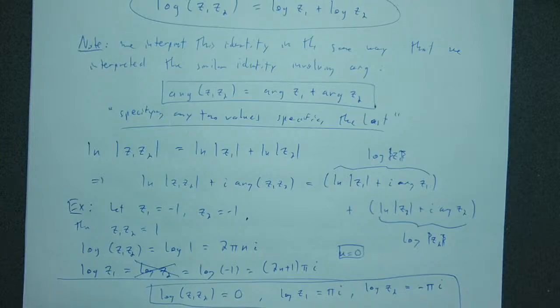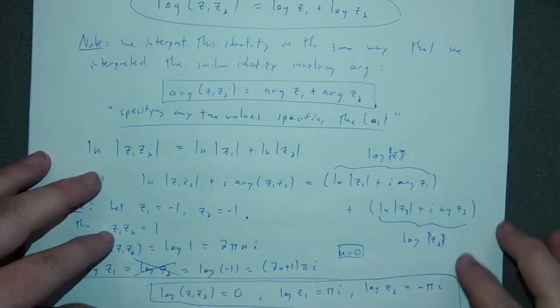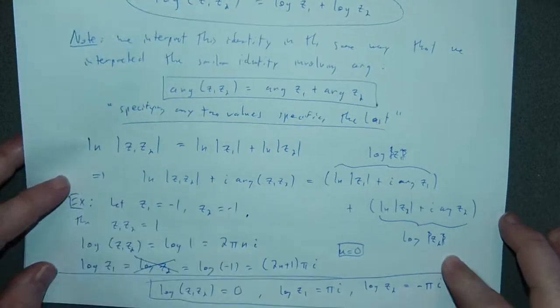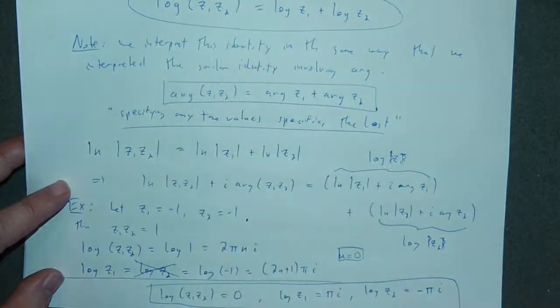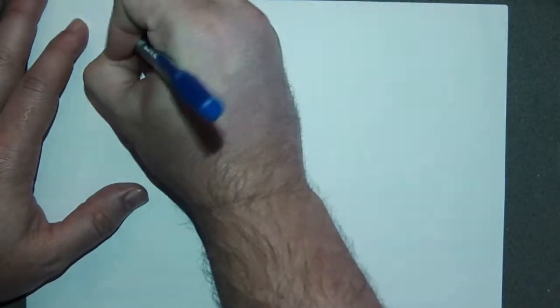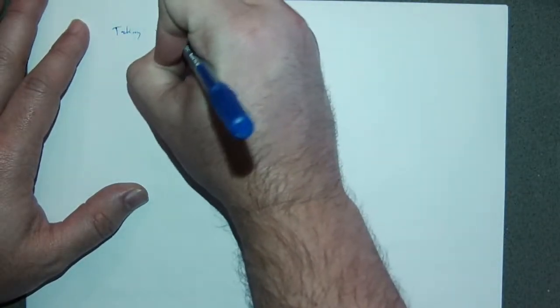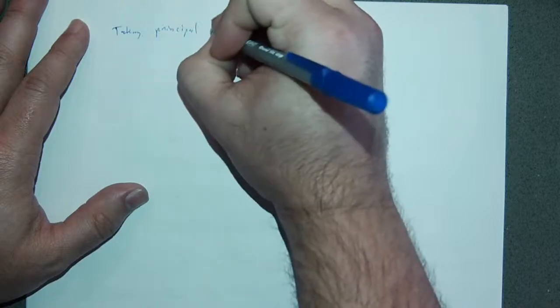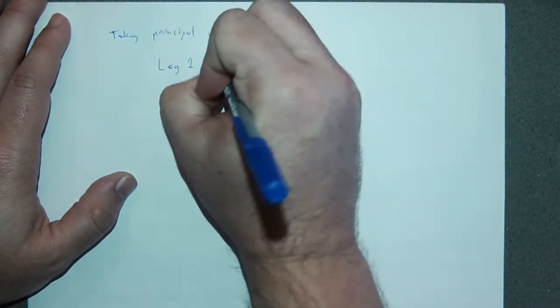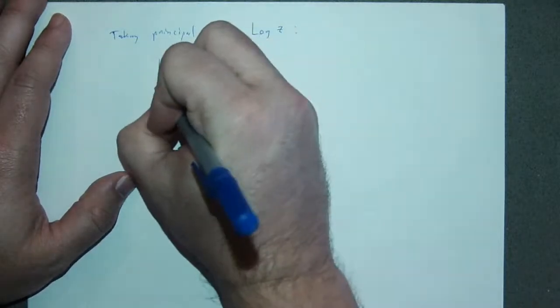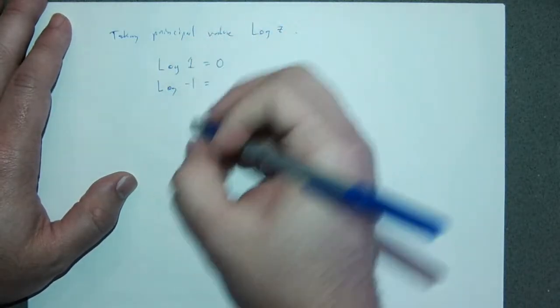And so this is what I'm saying when I'm saying that if you actually take the principal value, you don't quite get exactly this expression, right? So if you take the principal log, what do I get instead? I have principal log of 1 is equal to 0, and principal log of minus 1 is equal to pi i.